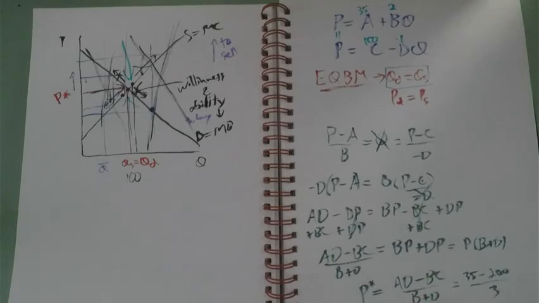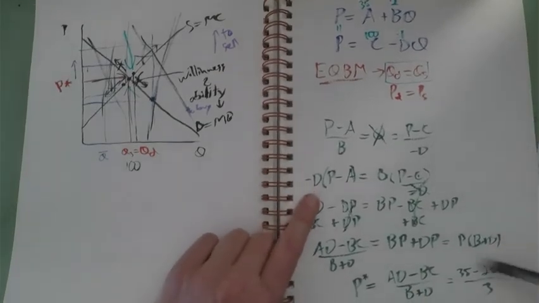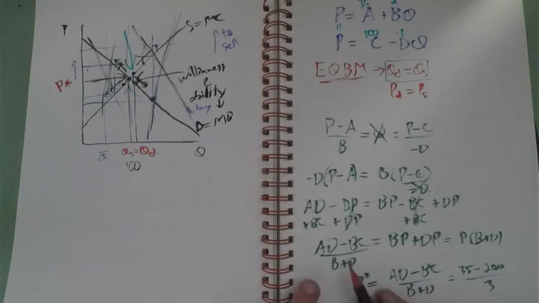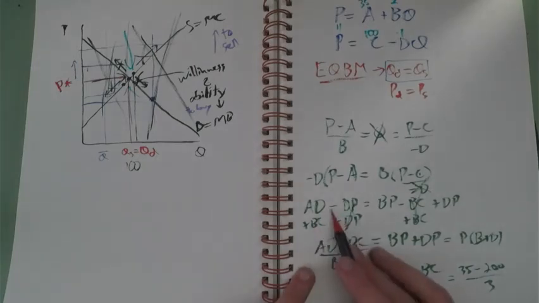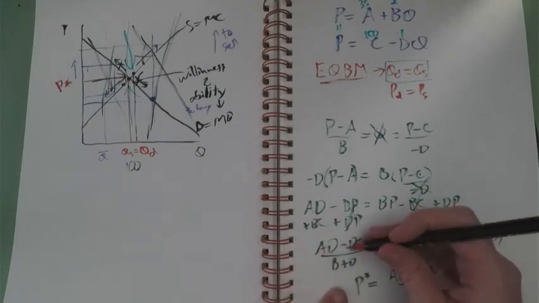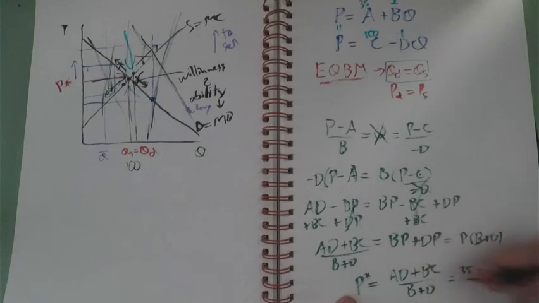So in the previous attempt at this video, I ended up with a negative sign here. What that means is that whatever mistake I made had to do with switching a sign somewhere. Here's what it was. I had an AD minus a DP, but plus a BC. That should have been plus, that should have been plus, that should be plus.